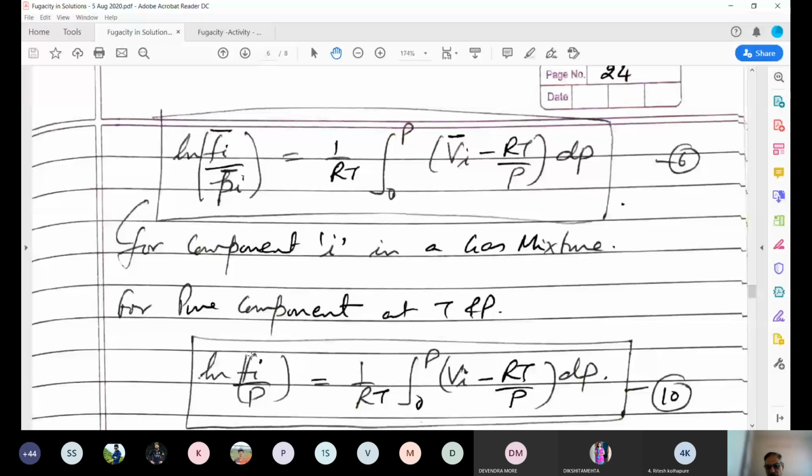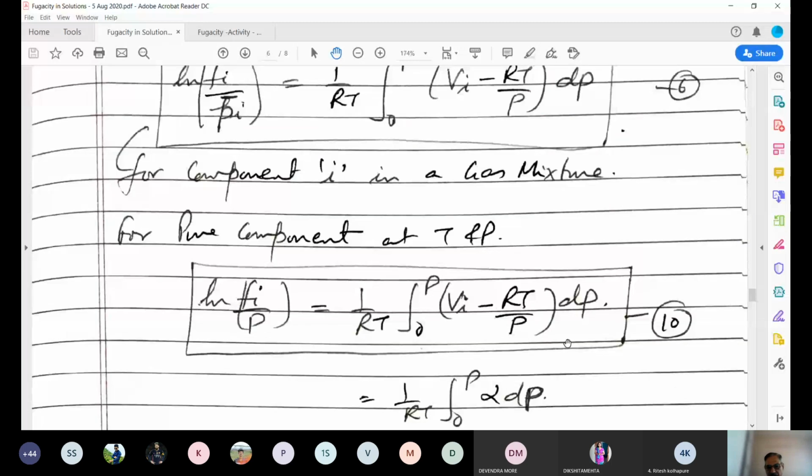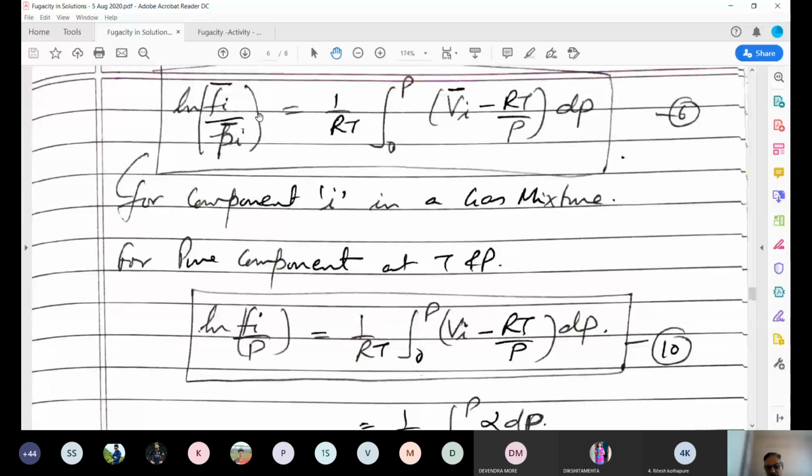Forget about this, this is just to show you what it was. But what you are doing is taking 6 minus 10 and trying to find out, can we find a relation between the fugacity of component I in solution with the fugacity of pure component. The objective is, how do I find out the fugacity of component I in solution.